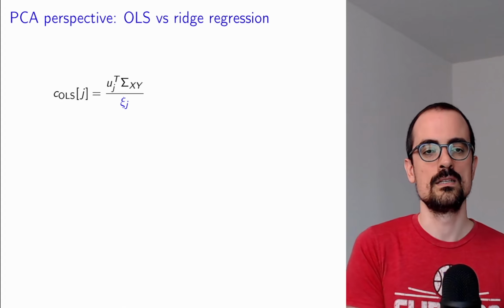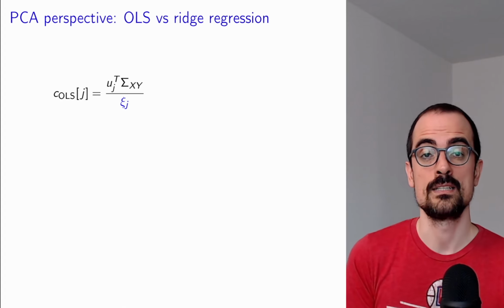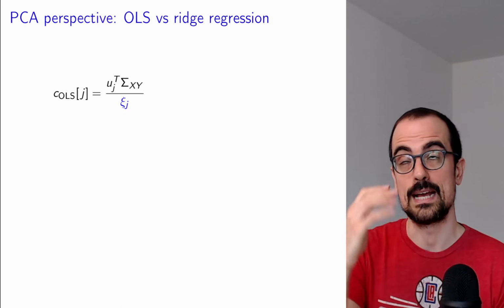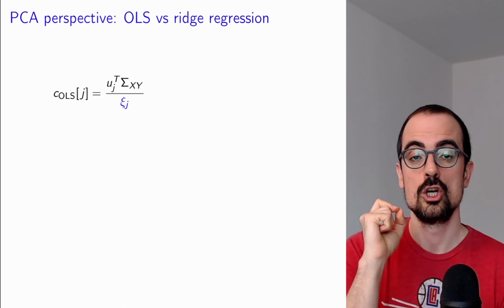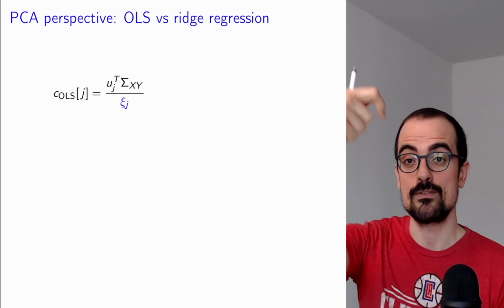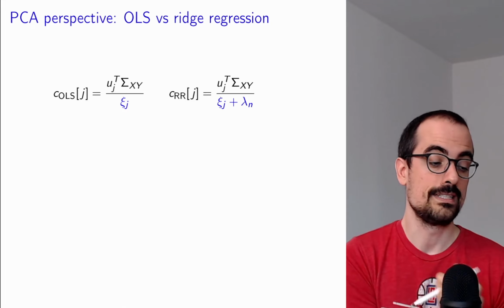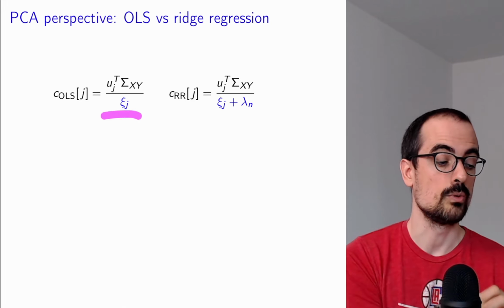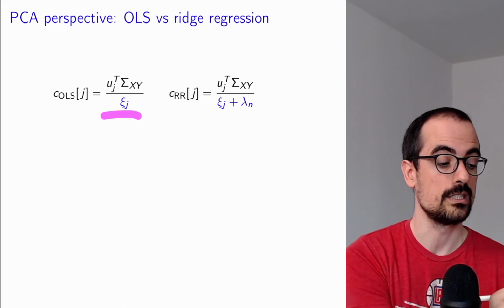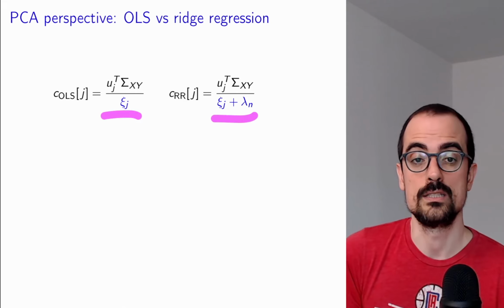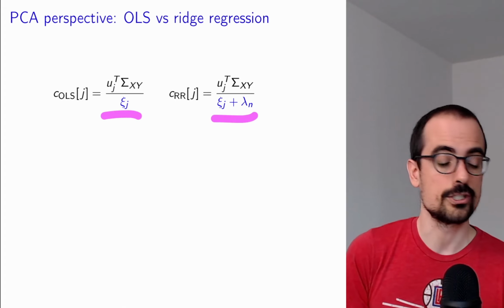This is going to be very useful: we can express the ridge regression coefficients and their amplitude in every principal direction of the features, because they look very similar to this. This is the expression we derived for OLS, for ordinary least squares, and this is the expression we derived for ridge regression.